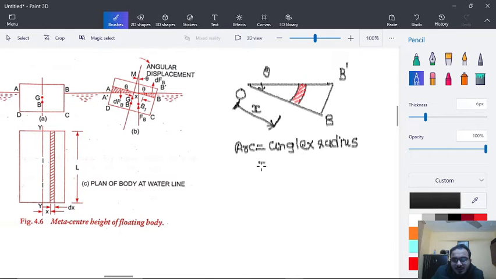So this can be written as angle, let's say, theta, into the radius as x. So this is the value of arc that we have obtained.